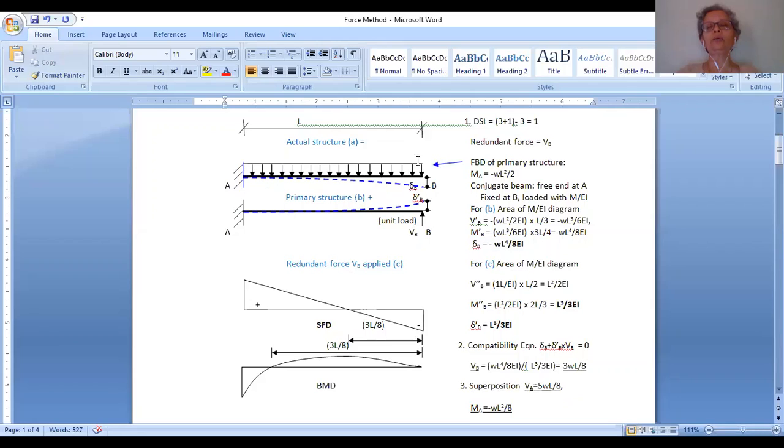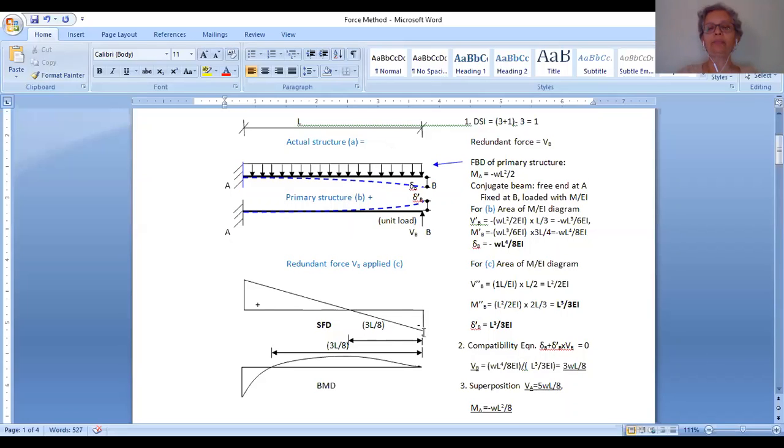So that total downward movement is equal to W into L. So we have 5 WL by 8 minus WL. How much does it come out to be? Minus 3 by 8 WL. Correct.